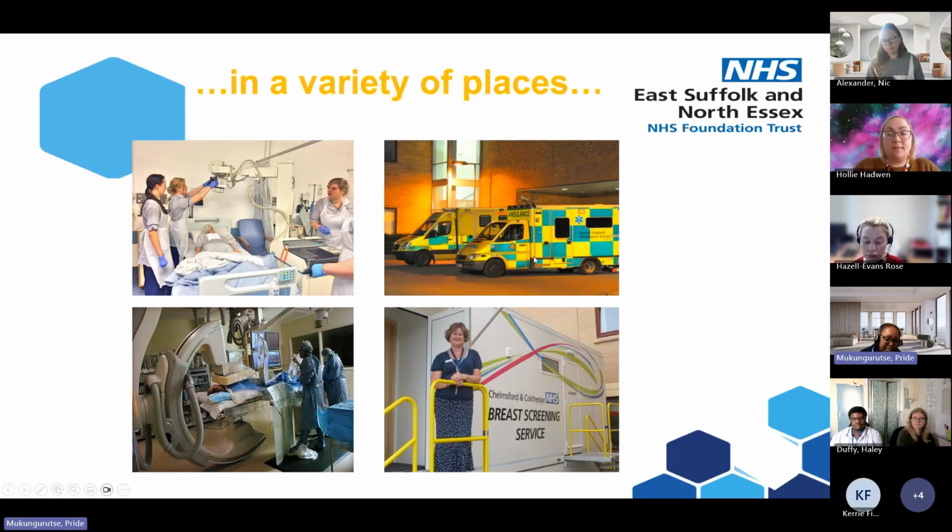We did have a CT scanner on an ambulance at one point, and this was used for stroke patients. So again, it ensured that we were going to the patients, imaging the patients before they arrived in the departments, and the consultants would have determined the treatment options for that patient, ensuring that the patients are seen quicker and treated quicker so that they have a better outcome.